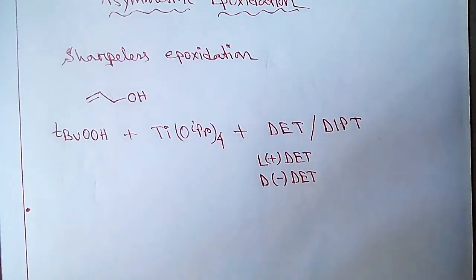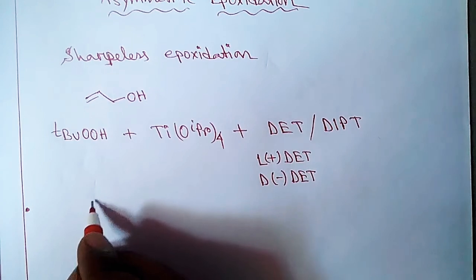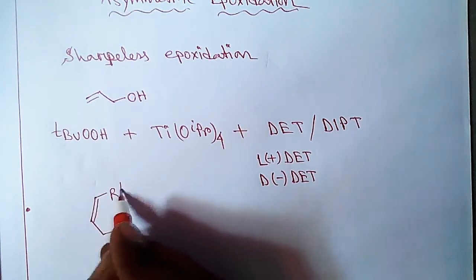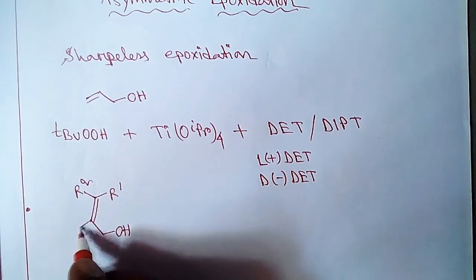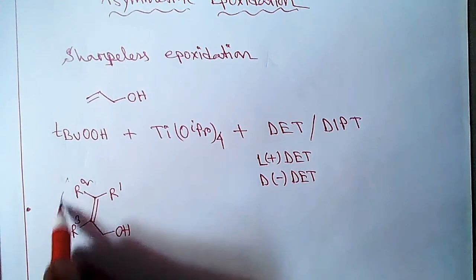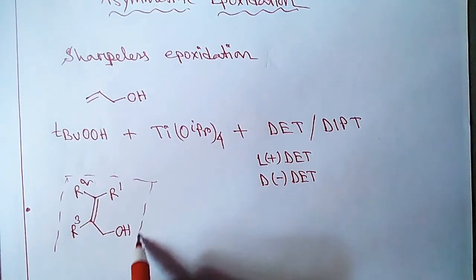So Sharpless gave a suitable orientation by which we can easily predict the stereochemistry of the product by seeing the molecule. At first you have to draw the allylic alcohol in the plane of the paper like this, in that orientation.